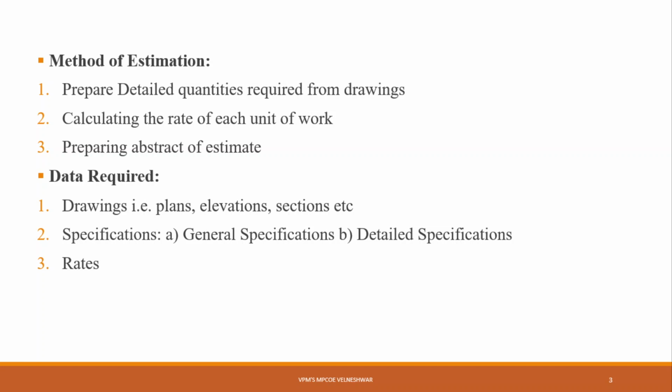Now before methods of estimation, first is to prepare detailed quantities required from drawings. For preparing the detailed quantities, you require GFC drawings, that is good for construction drawings. Then from that, you calculate the quantities for different items from the drawings.